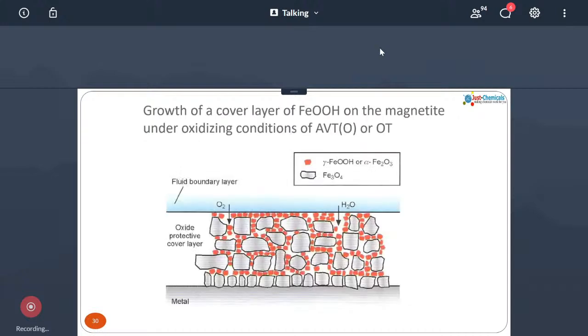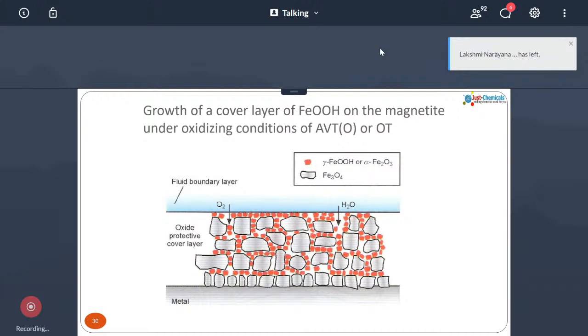And this picture will tell you what we did: we started adding oxygen. The first step is we stopped dosing hydrazine or any reducing agent, and we do not want to generate any more magnetite layer, Fe3O4 layer. We now want to generate an Fe2O3 layer.